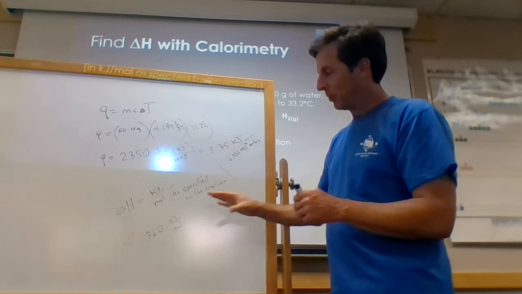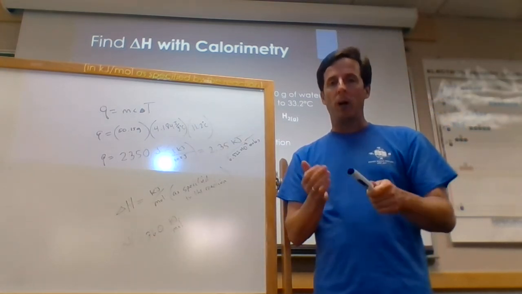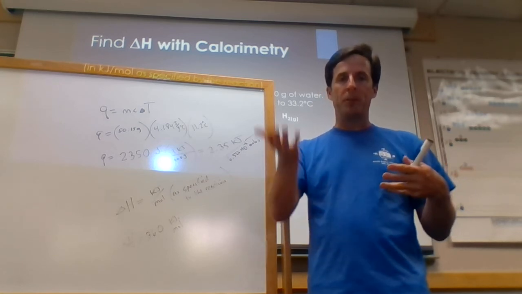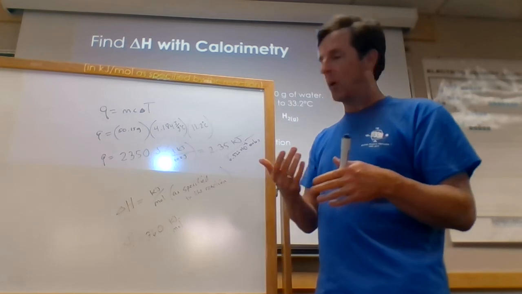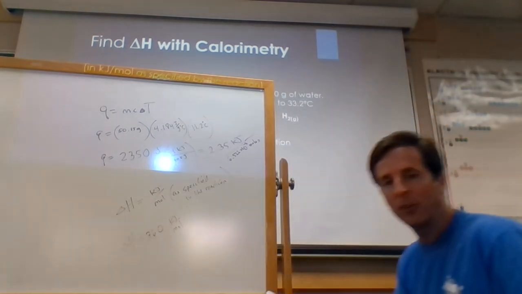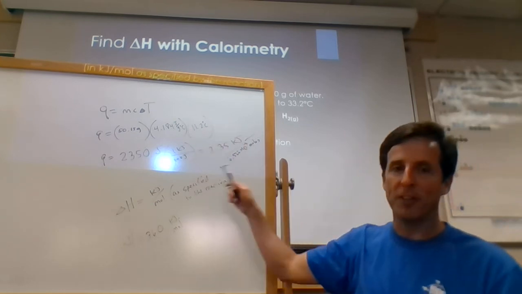So that looks like the answer, but I have a couple more things I need to do. Number one, this reaction gave off heat. The solution temperature went up. So I know at this point, this delta H value, the one I just found, is delta H of the surroundings, meaning everything I did here was for the solution.